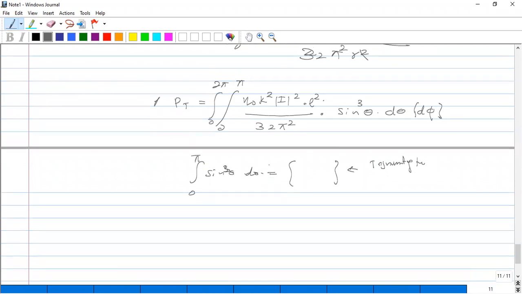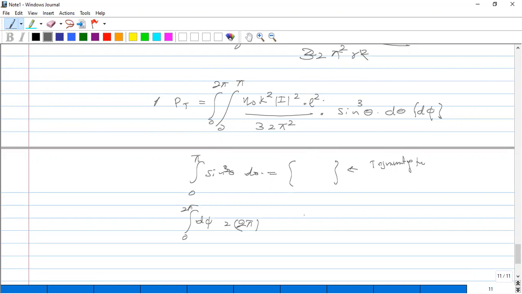Once you integrate this with respect to d phi from 0 to 2π, you will get the value. If you evaluate this integral 0 to 2π d phi, you will get 2π. So that is very easy.